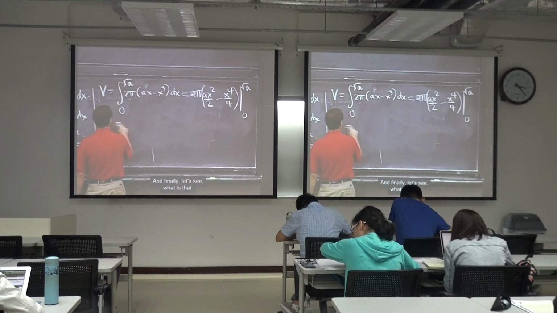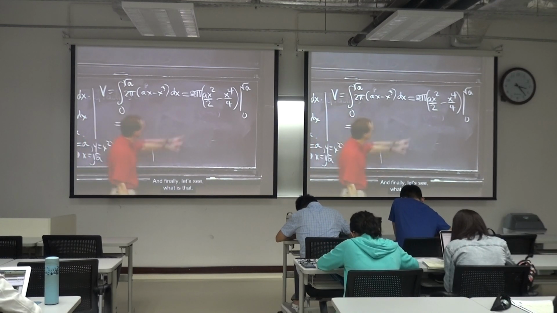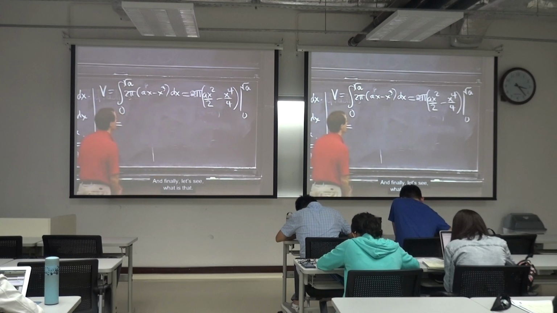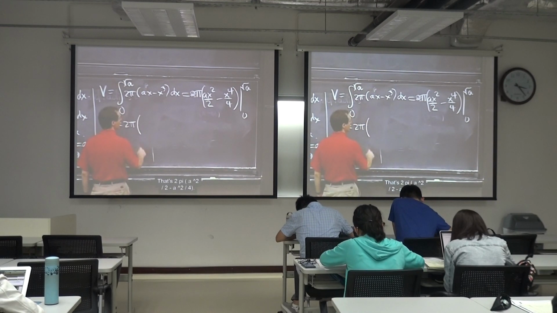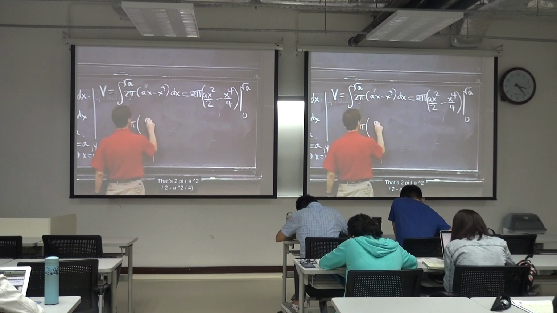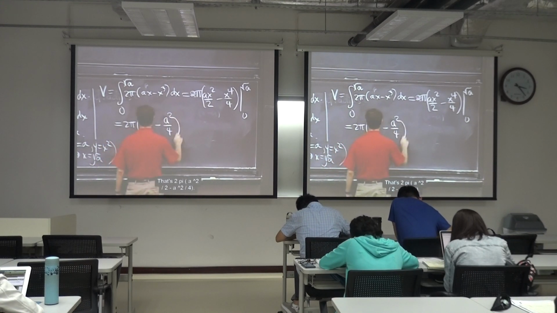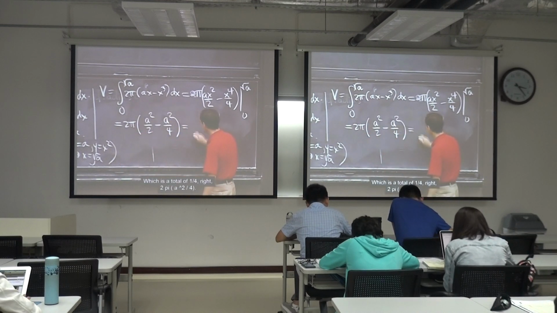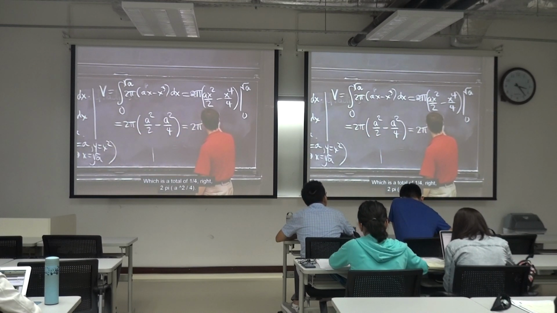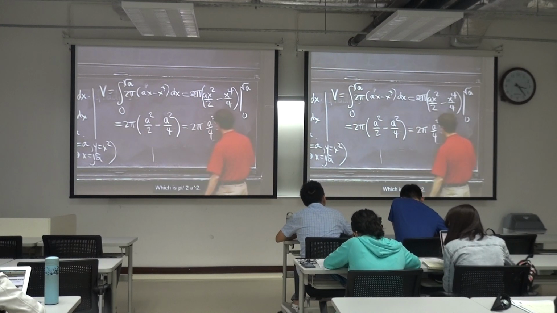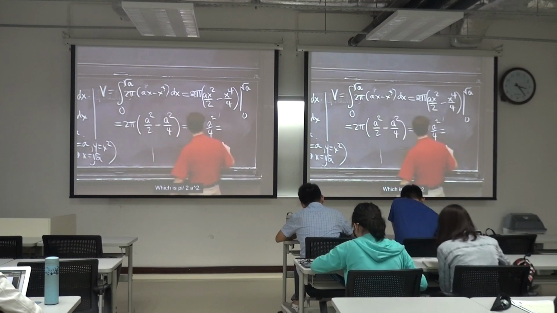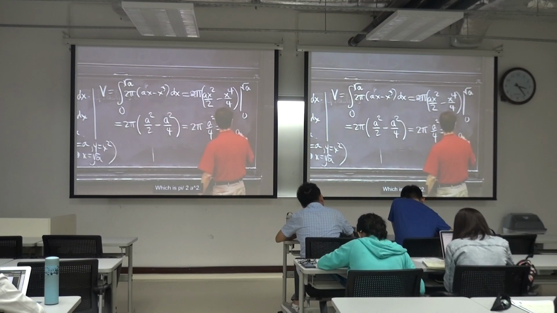And finally, let's see, what is that? That's 2 pi times (a squared over 2 minus a squared over 4), which is a total of a fourth, right? 2 pi times a squared over 4, which is pi over 2 a squared.